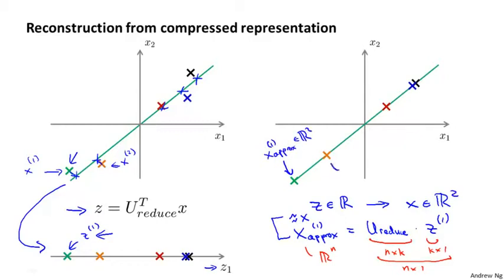And similarly, if you do the same procedure, this would be x2 approx, and that's a pretty decent approximation to the original data. So that's how you go back from your low-dimensional representation Z back to an uncompressed representation of the data. We get back an approximation to your original data X. And we also call this process reconstruction of the original data, where we think of trying to reconstruct the original value of X from the compressed representation.